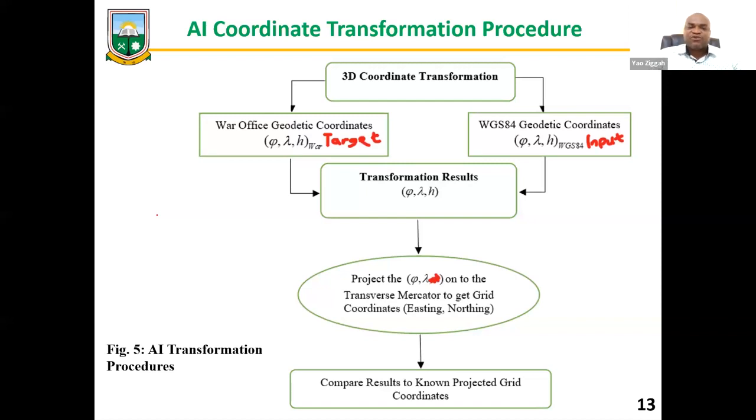So the process of doing forward conversion, getting it in XYZ, then applying a transformation model on it to determine parameters, using the parameters to transform, and then doing reverse conversion, all these things have been eliminated. So here you feed in the data, and you get your latitude, longitude, and ellipsoidal height result. You push it onto the transverse Mercator, you get your eastern and northern coordinates. Then you do your statistical analysis.